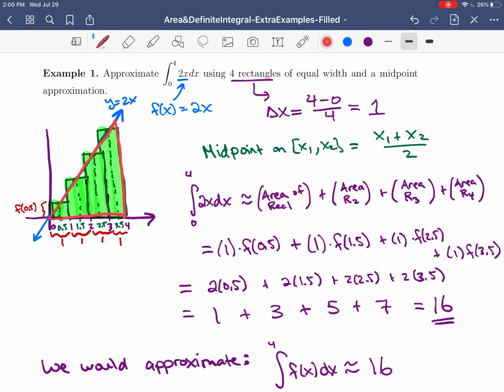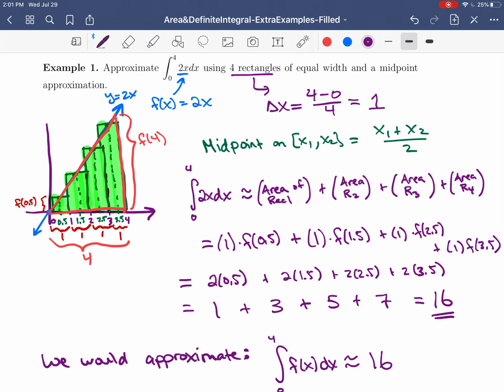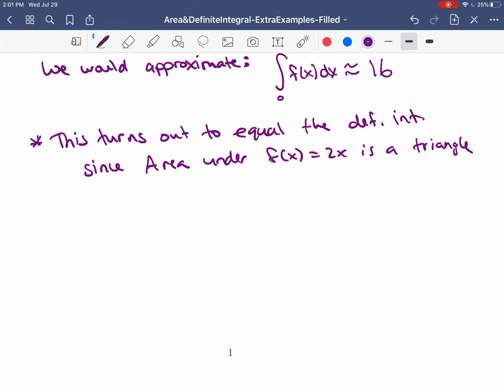It's a triangle, and it has a base of 4 and the height of f of 4. So we can actually compute the area of that exactly. The area of the triangle is 1/2 the base times the height, and the height is 2 times 4, which is 8. So it's going to be 16. So it's the same.